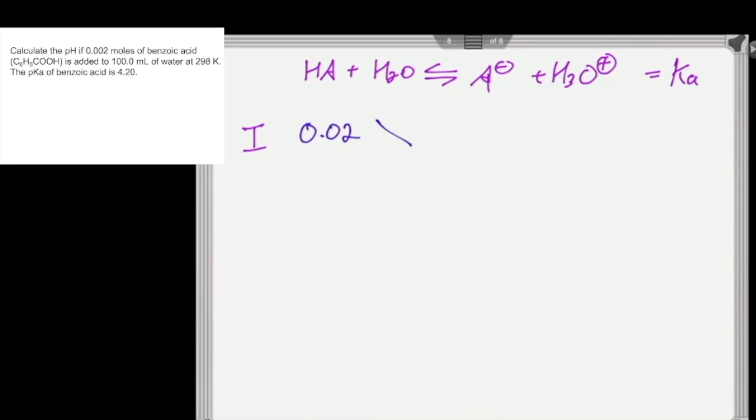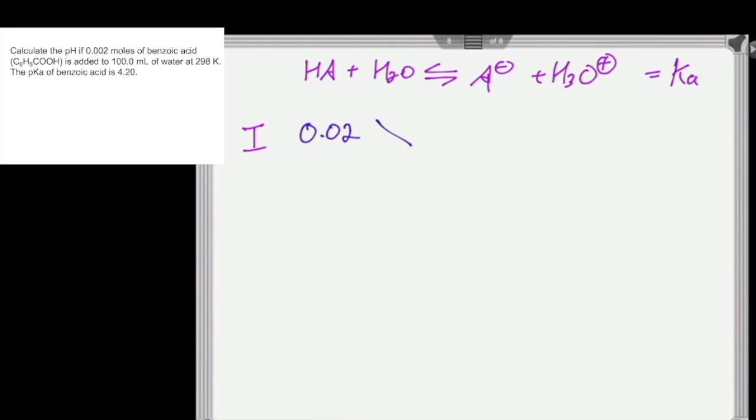For me, different people may be used to different ways. I always use concentrations in my ICE table. The reason why that's important is because if I use concentrations, I'm dealing with balanced equilibria that immediately relate to my Ka expression. Remember, Ka is concentrations of products over concentrations of reactants.